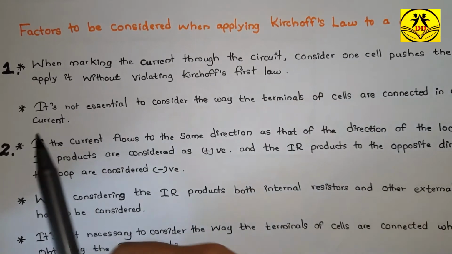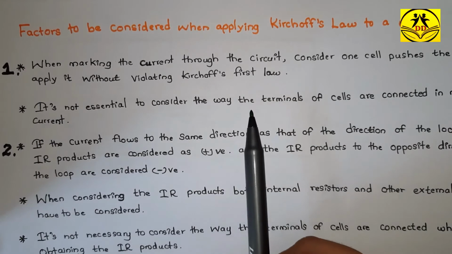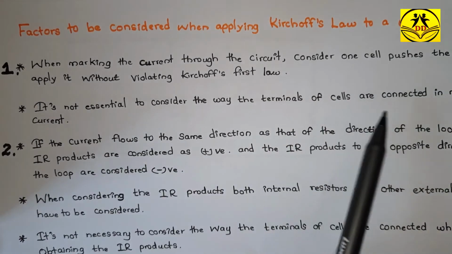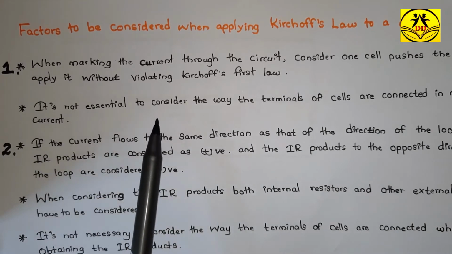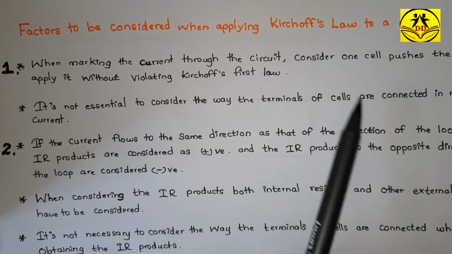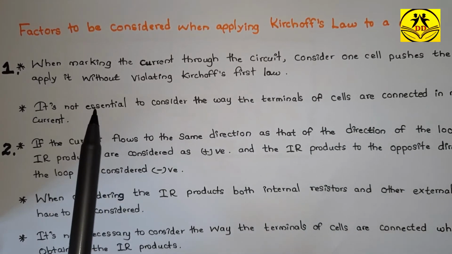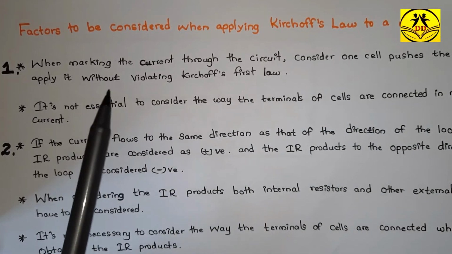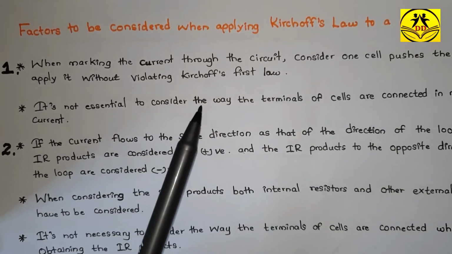The second point is, it is not essential to consider the way the terminals of cells are connected in marking the current. You just mark the current according to Kirchhoff's first law.